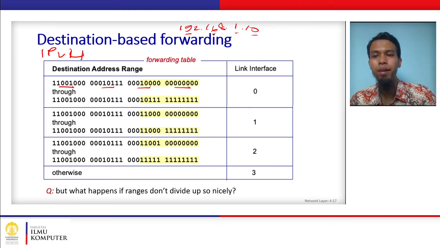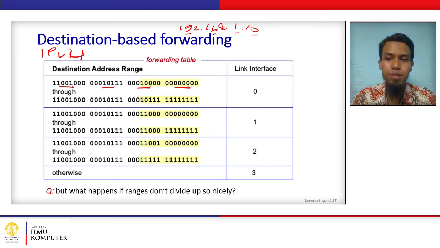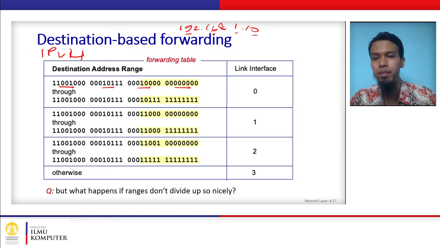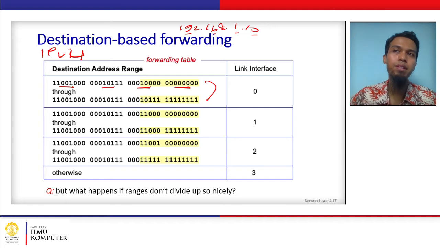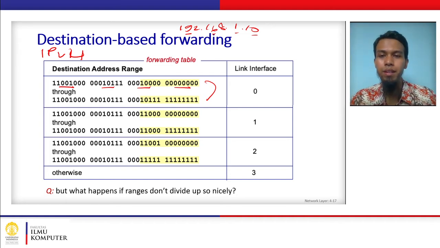Okay, so we can define some ranges of destination IP addresses. For example, if we receive an IP address within this range, then we forward to link interface number 0.